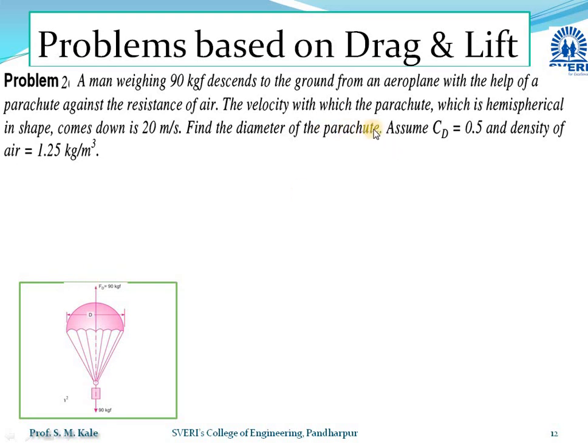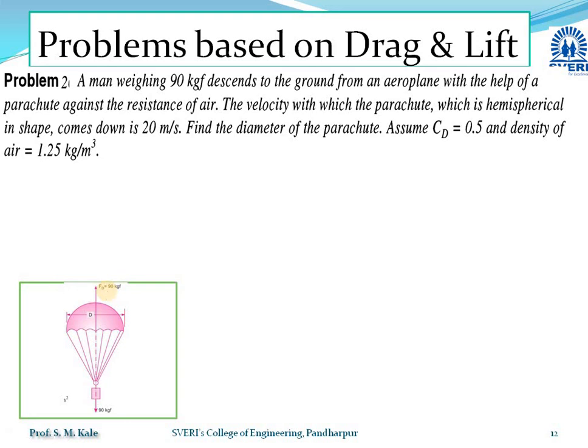In this problem, as they have not mentioned the weight of the parachute, I am going to neglect it, so the weight of the man will be acting in the vertically downward direction. As the parachute is coming down, the drag force will act vertically upward, and the value of the drag force will be 90 kg force.